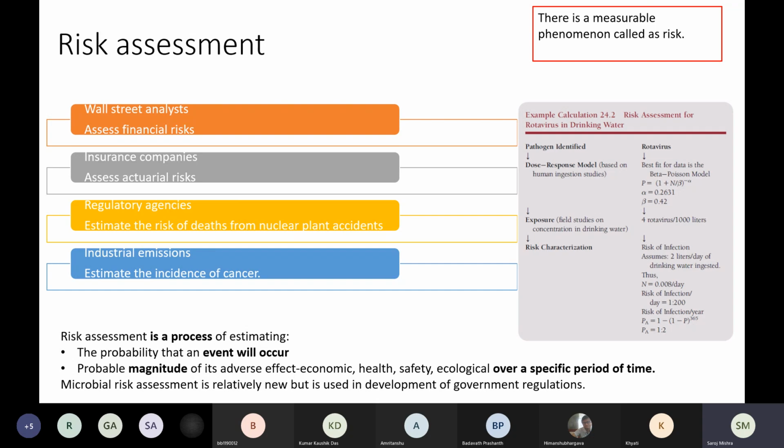So they do a risk assessment. Okay, so in a similar manner, in environmental biotechnology, risk assessment is also carried out. Okay, so is this fundamentally clear to everybody?